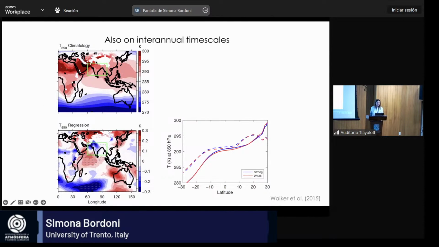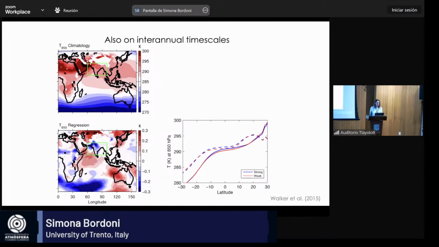This is the climatology of the near surface temperature. And this is the regression of the temperature in the near surface on our monsoon index. You can interpret this as the anomaly in temperature during a wet monsoon year, a year where it rains a lot, one standard deviation. Monsoon stronger by one standard deviation.